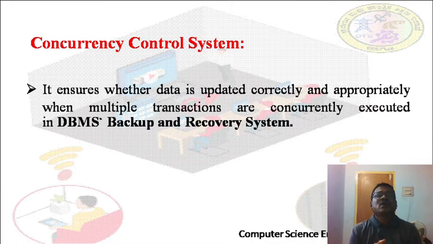After doing some operations, we have to check it, and that task will be done by the concurrency control module. With its help, we can ensure the data is updated correctly and appropriately.